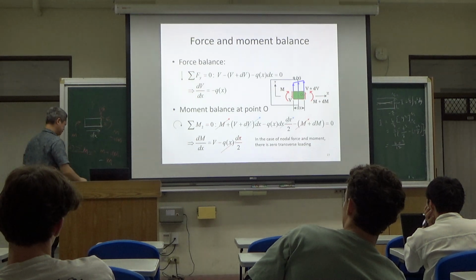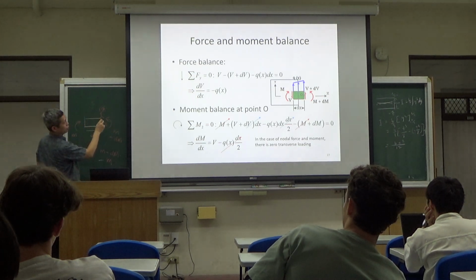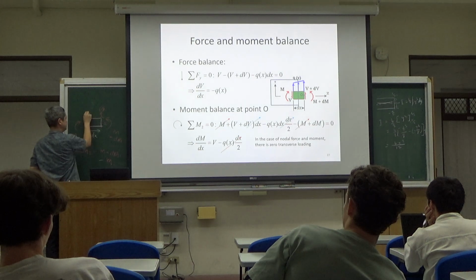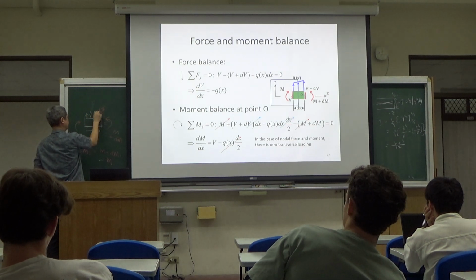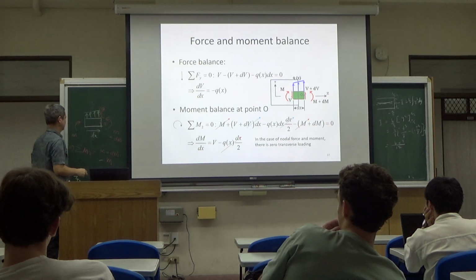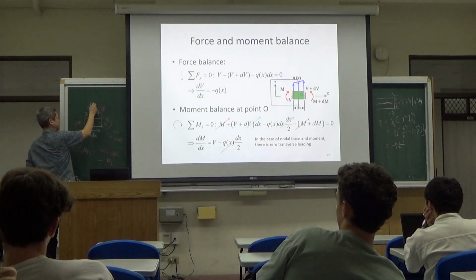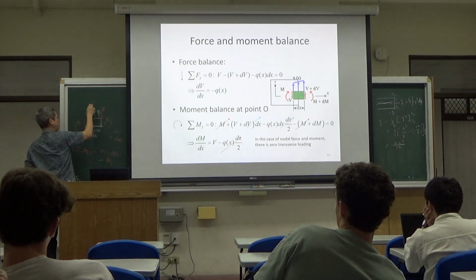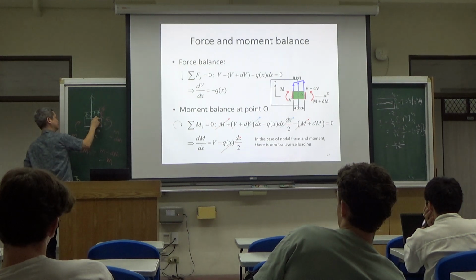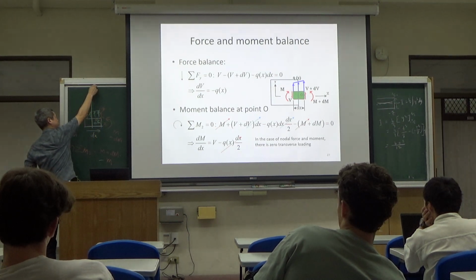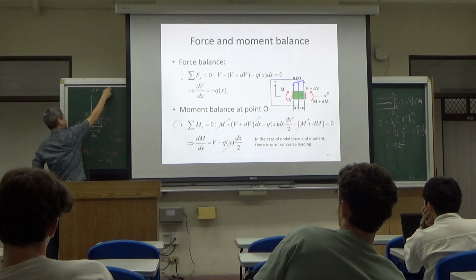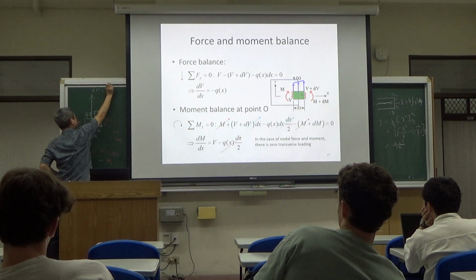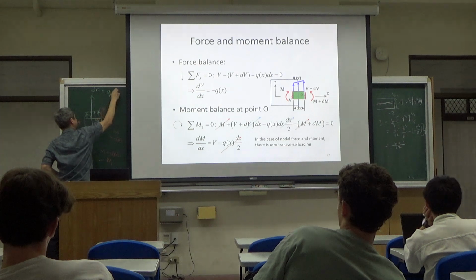And some more, if you have distributed loading, this is upward. So this is the amount of the force passing through the center, which is the distance dx over 2 away. So this amount of the force is q dx.